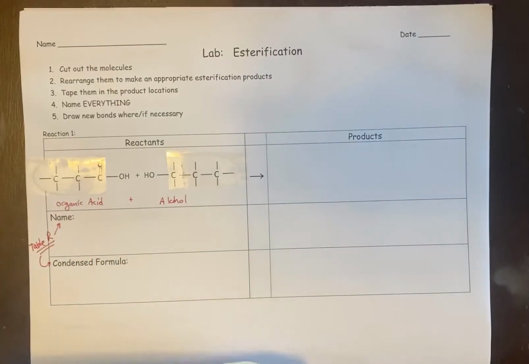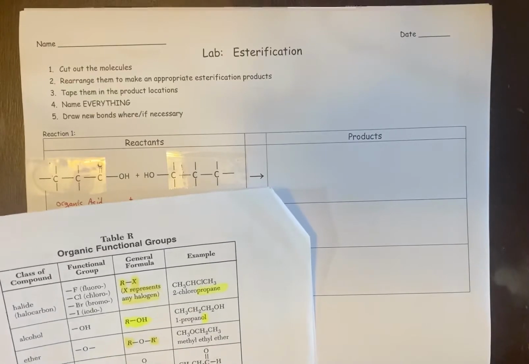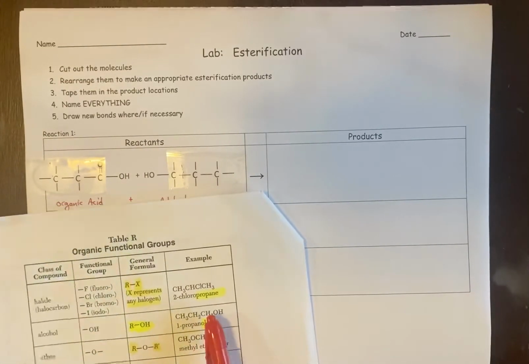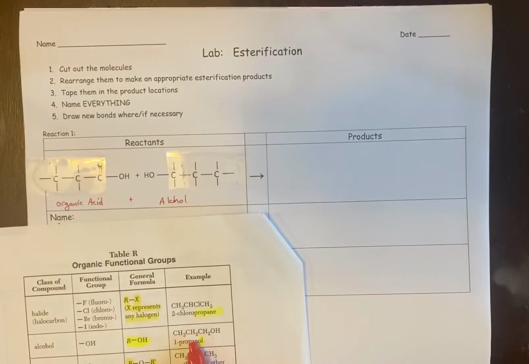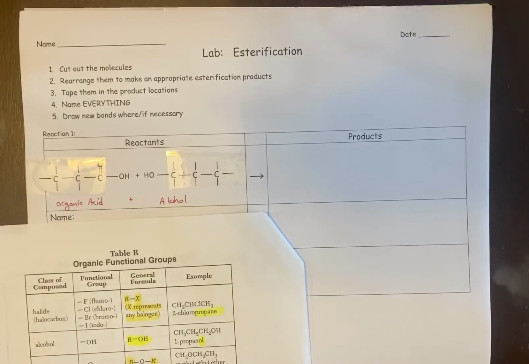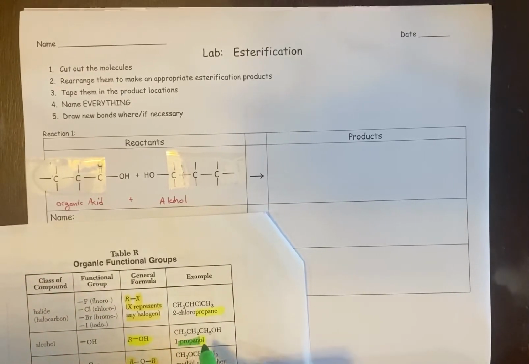And then for the alcohol, let's find the alcohols. 3 carbons in a row would be propane, but they called it 1-propanol. They dropped the E, added OL, and gave it a number.